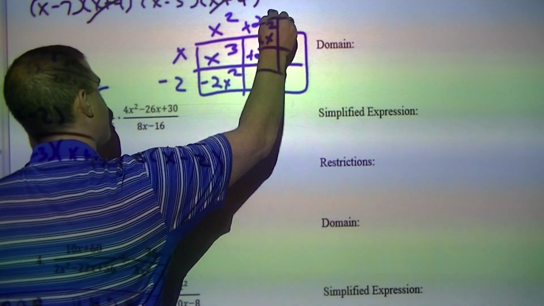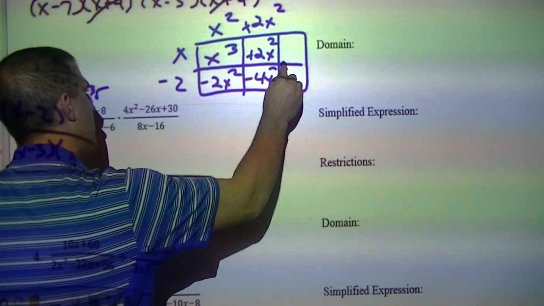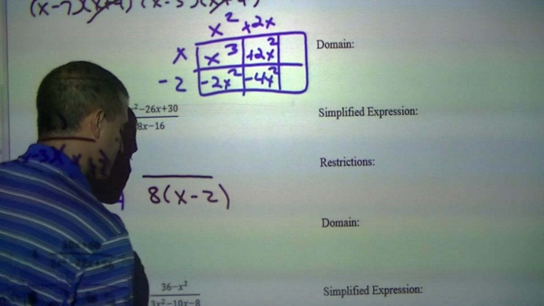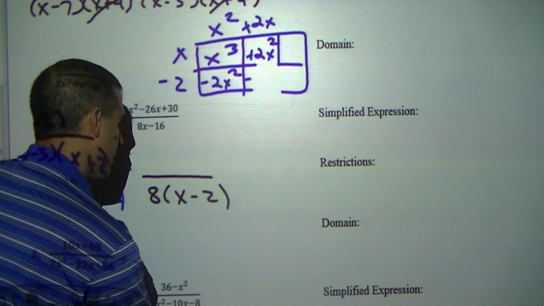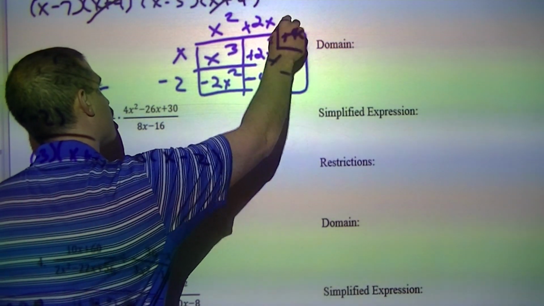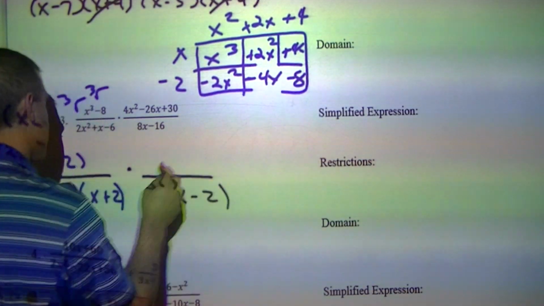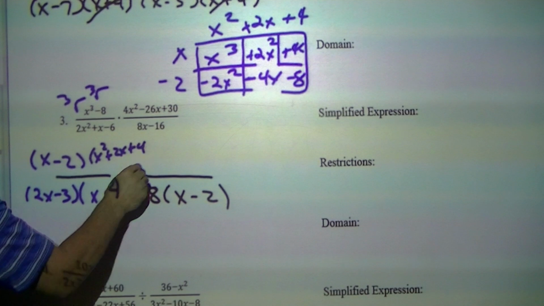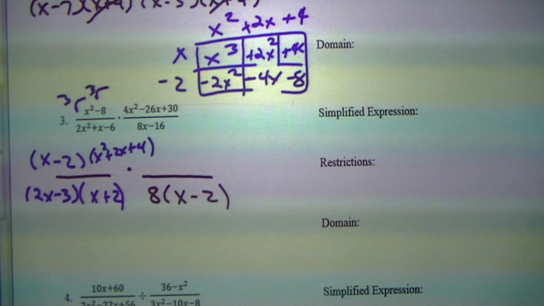That's negative 4x squared. I'm sorry, no, that should be 2x, and that should be negative 4x. I don't have any x, so that's positive 4x, which is plus 4, minus 8. Okay? All right, go back and look at your other notes for that.